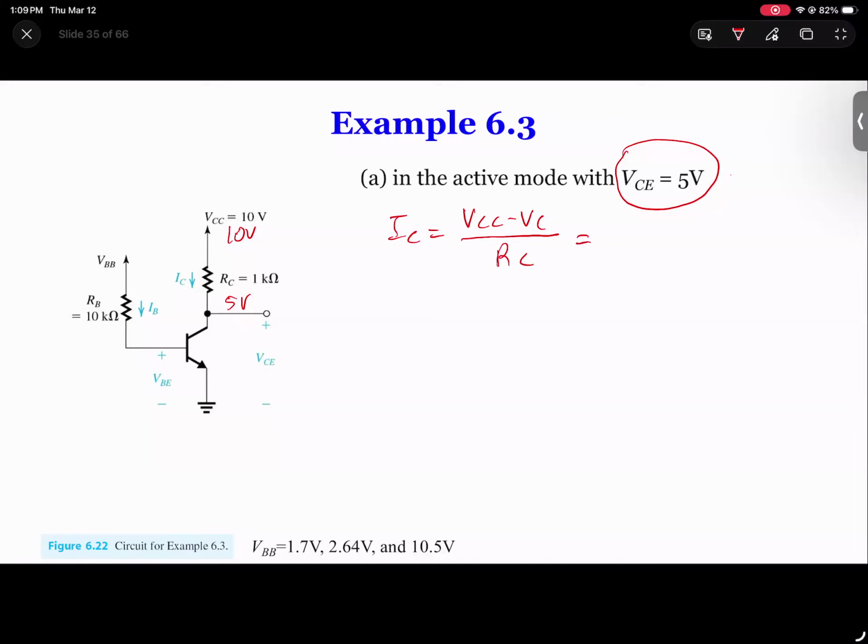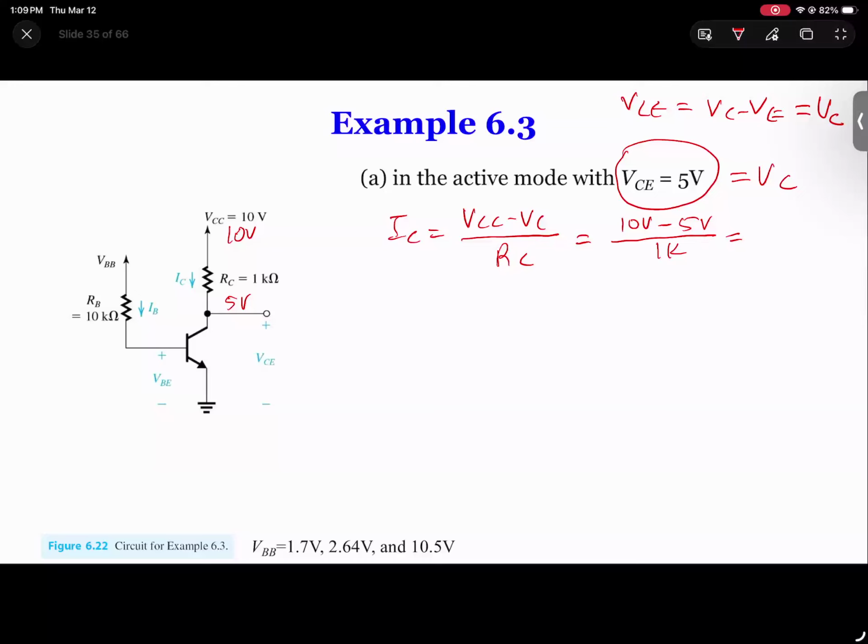Of course, you know that VCE is equal to VC because VE is grounded. So VCE equals VC minus VE equals VC. So VCC is 10 volts, VC is 5 volts, divided by 1K.